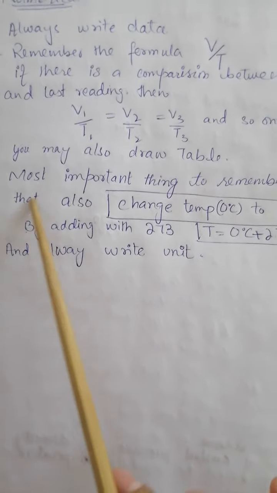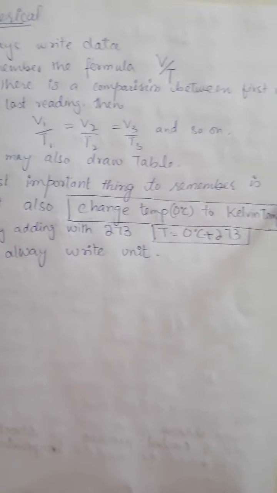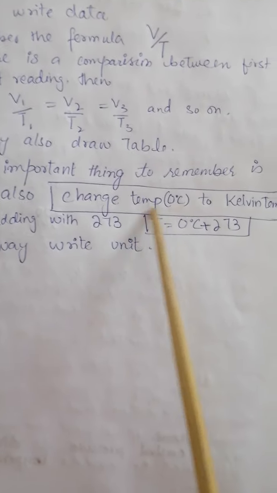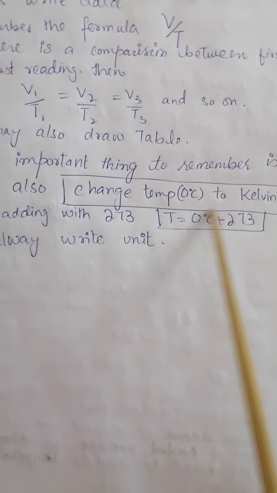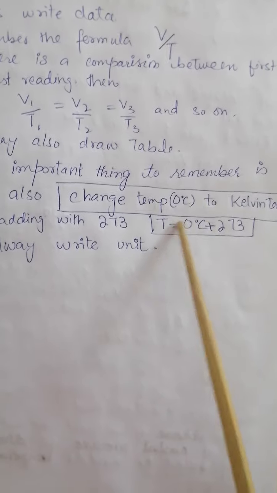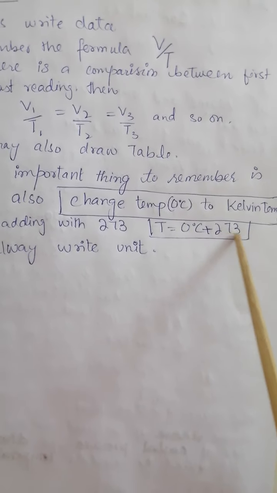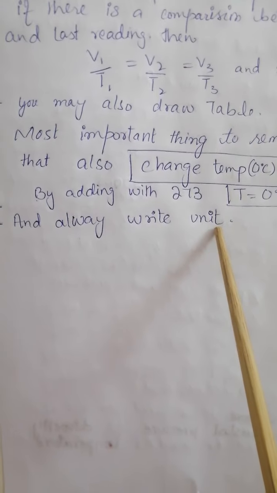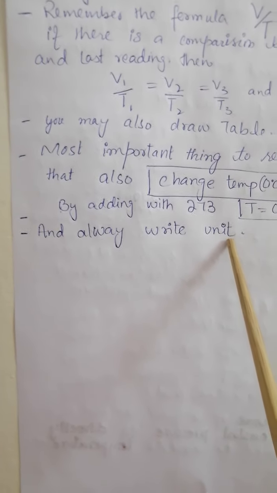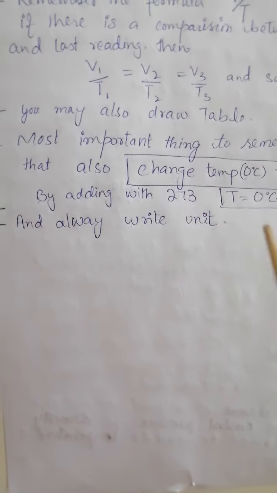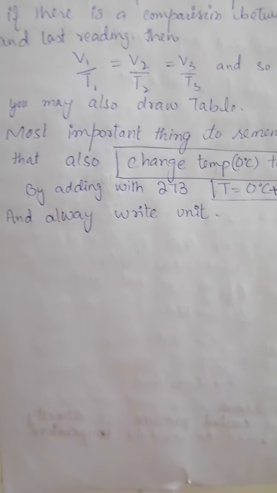The most important thing to remember is to always change temperature into Kelvin, by adding the degree Celsius temperature to 273. Most of the students forget this. Also always write units. For a constant value, if you don't write units, it's okay because it's a constant unit.